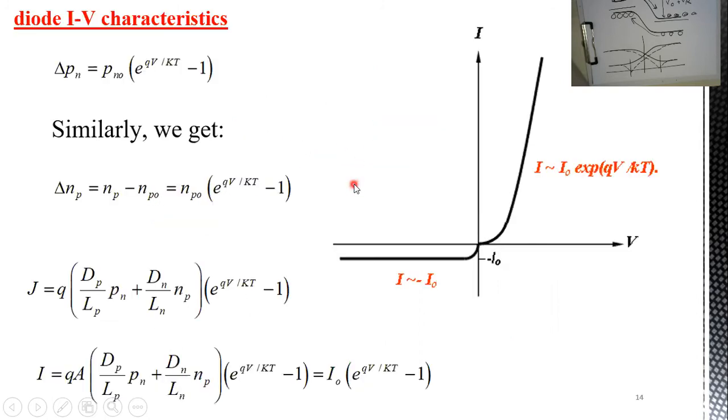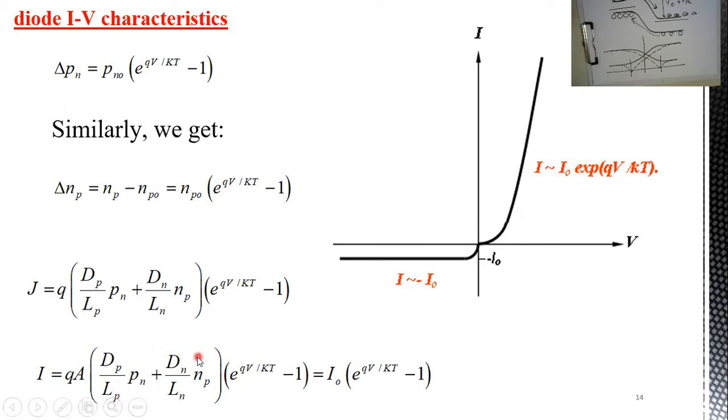Accordingly, we can reach what we call the general IV characteristics for a diode. Within this IV characteristics, again, the mathematical derivation is not required. This is a very famous equation for the IV characteristic curve, where IS is the saturation current, and this is typically the formula for the current.